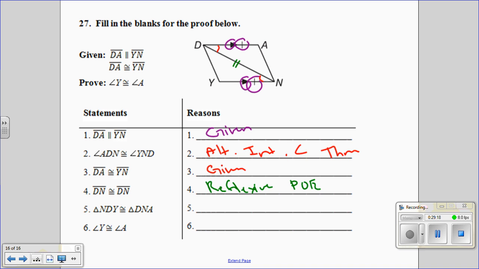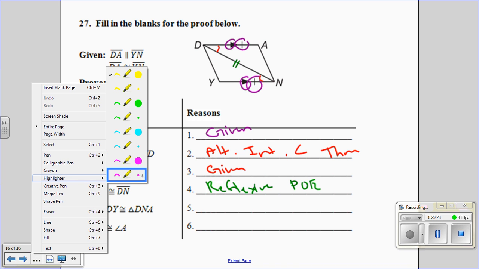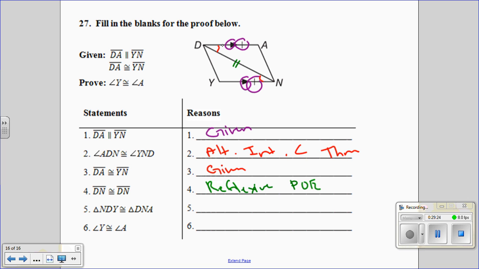And now let's focus on the triangles individually. So I'll highlight it. When I look at one triangle by itself, I am shown two sides, ND and YN, and then an angle that's included between the two sides.